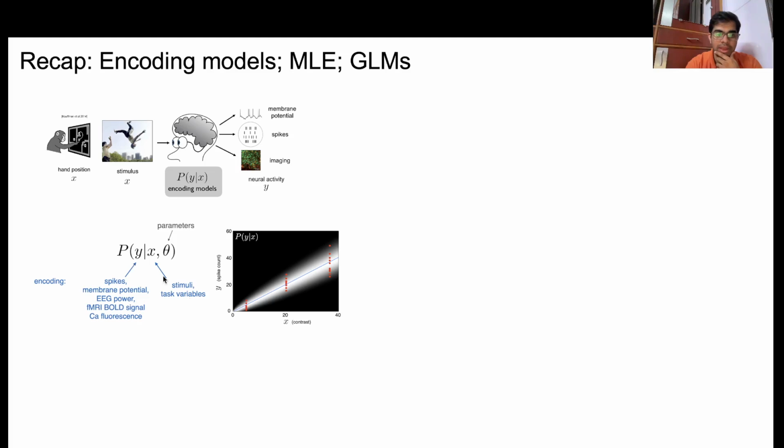Let's say we have a conditional distribution like this, which can be viewed in a two-dimensional plane. You have the x variable, let's say some stimulus parameter called contrast here, and on the y-axis you see the spike count, the neural response. You're trying to see what the distribution is. Now let's say you performed some experiments and you got these data points, the red ones.